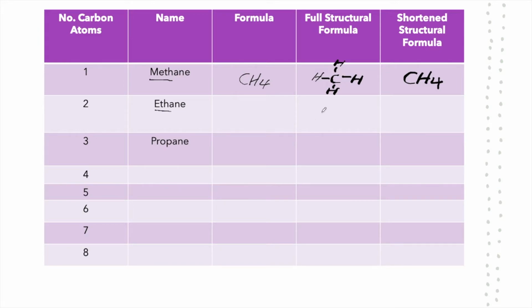So for ethane, we start by drawing our 2 carbon atoms bonded together with that single bond, remembering that carbon forms 4 bonds, and the other 3 bonds on each carbon are to hydrogen atoms.